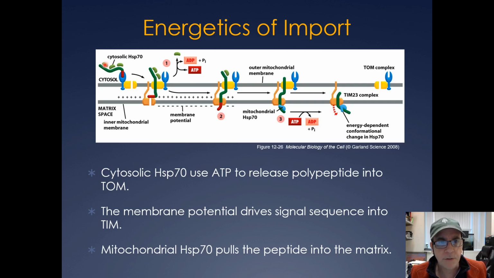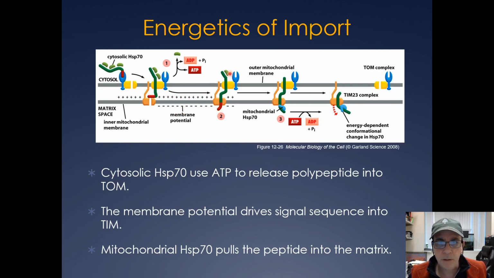They're ATPases, and they'll help guide the protein to the receptor on the TOM complex. Then, using ATP hydrolysis, it'll start to feed it in, and once it's in, you have a membrane potential on the inner mitochondrial membrane, partially due to the electron transport chain, and that membrane potential will actually insert it into the TIM23 complex.